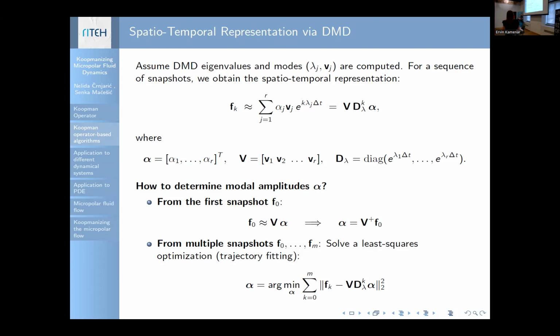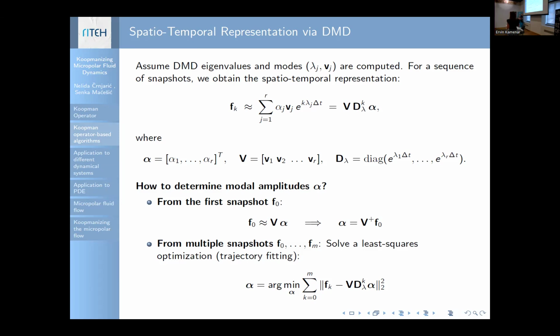The second approach is to obtain alphas by using optimization, by solving an optimization task to minimize the error of each snapshot, the difference of each snapshot from its representation.